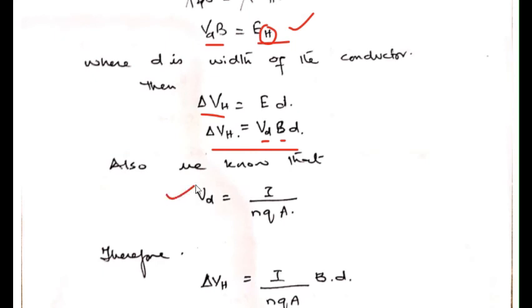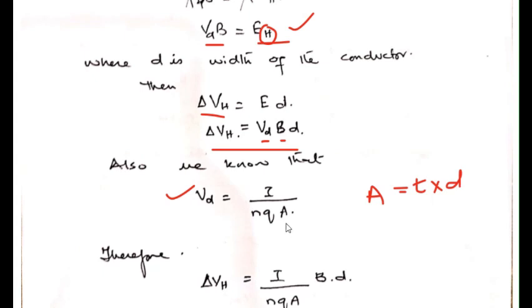From our previous knowledge, we know that drift velocity is equal to I over nqA. I can replace this v_d with I over nqA, and as I have shown you in the figure, the area is length into width, so thickness into width.